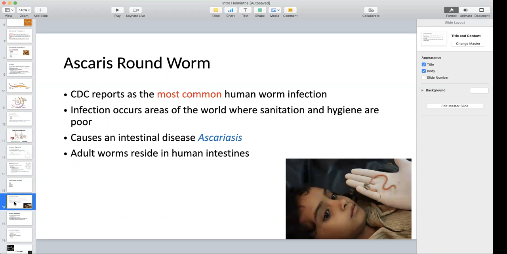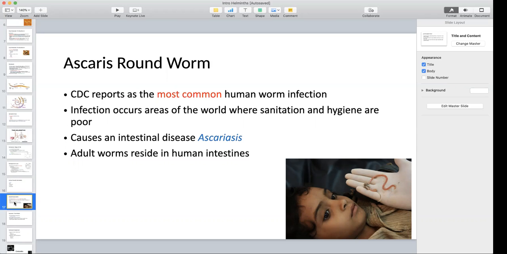Okay. The CDC reports that this is the most common human worm infection. Infection occurs pretty much no place is exempt, right? But we're looking heavily at areas with poor sanitation, poor hygiene, and so forth. All right, so this causes an intestinal disease.